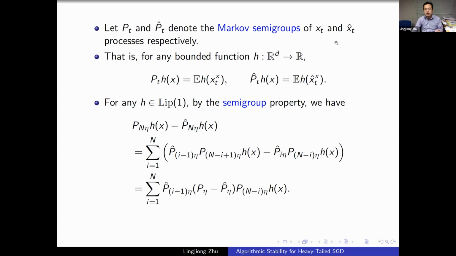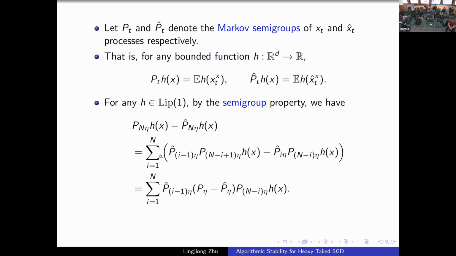What we are interested in is taking the test function h to be 1-Lipschitz. The reason is that we want to obtain a one-Wasserstein bound. If you are familiar with Wasserstein distance, you know that the one-Wasserstein distance has a dual representation, and a 1-Lipschitz test function formulation shows up. Essentially, I look at P^n_eta h(x) minus P hat^n_eta h(x), because I want to show that they are close to each other.